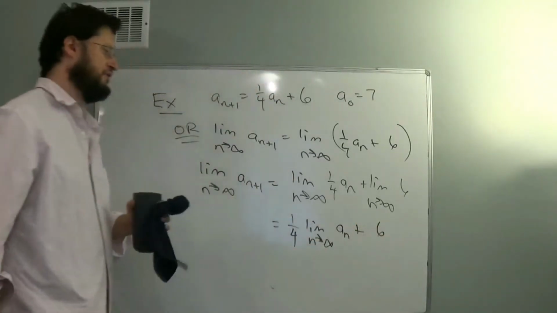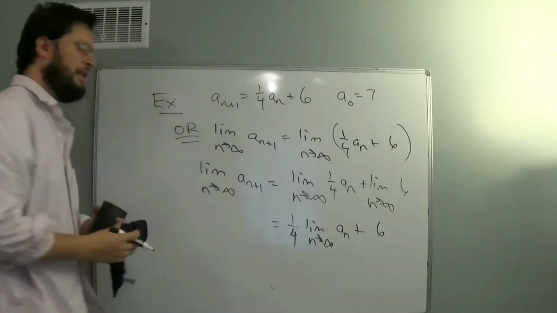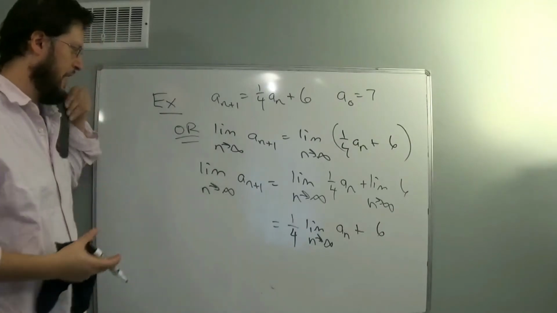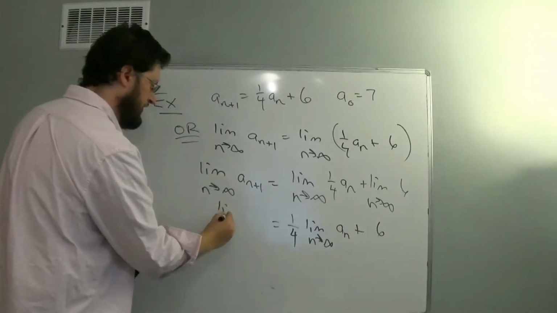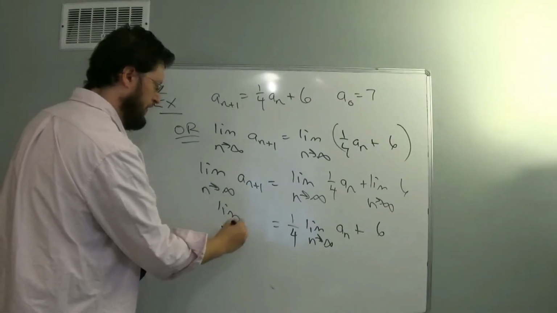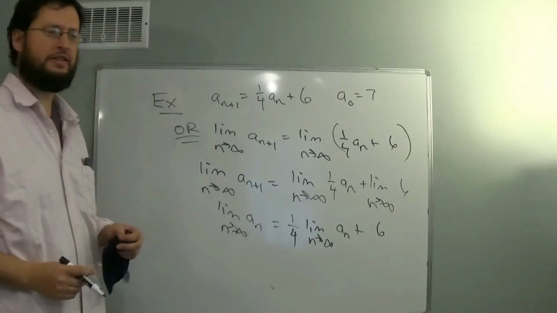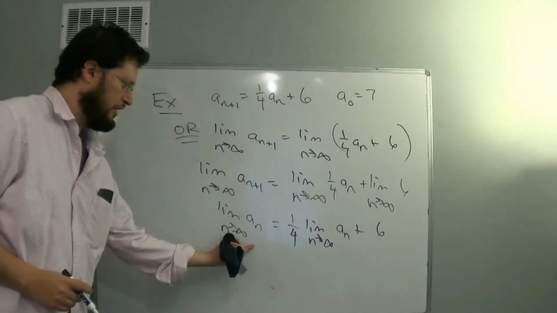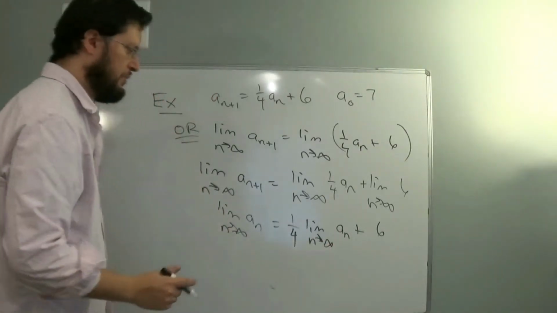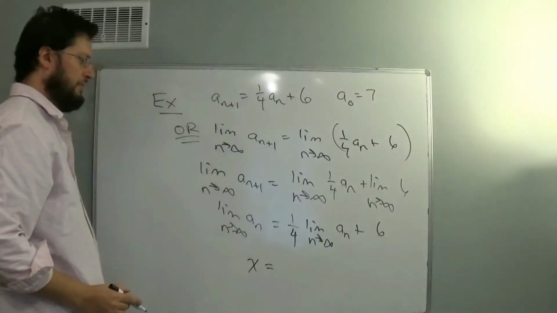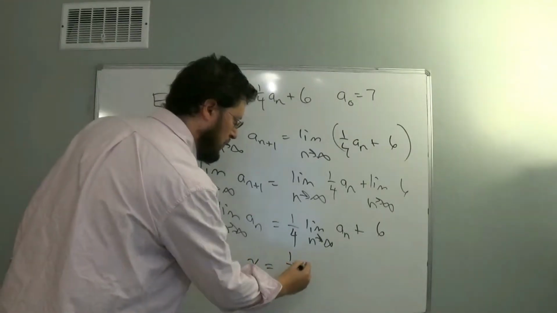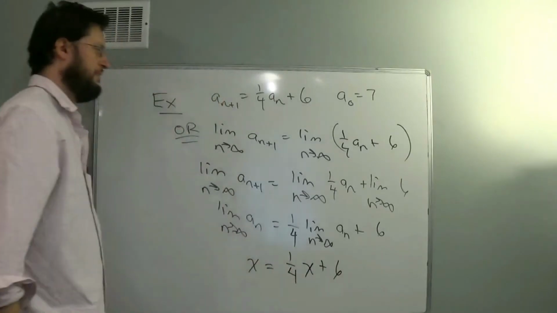And the limit of 6 is just 6. And the point here, again, is that limit as n goes to infinity of a_(n+1) is just the same as the limit as n goes to infinity of a_n. The limit is the same. So this thing is the same as this thing, so just to simplify my life a little bit, let me just call that x, so I don't have to keep writing limit. So that's x is equal to 1/4 x plus 6.